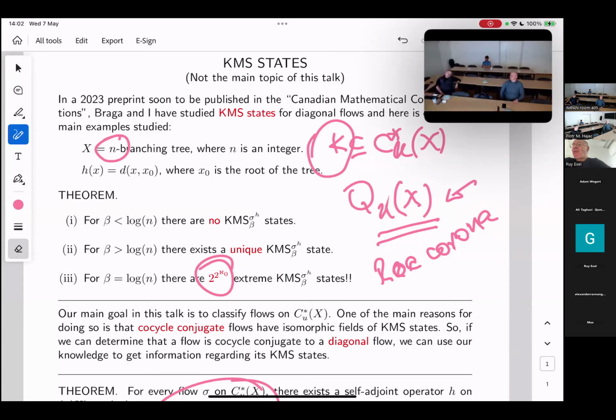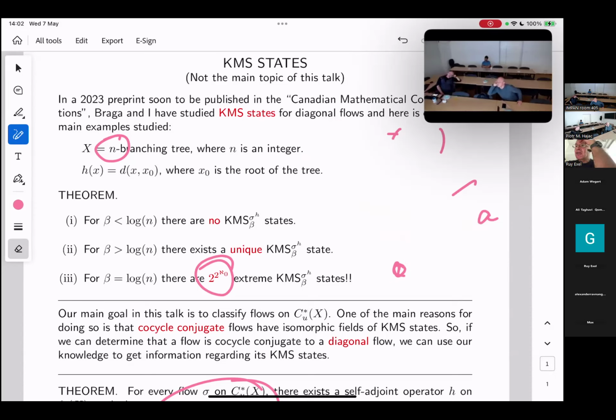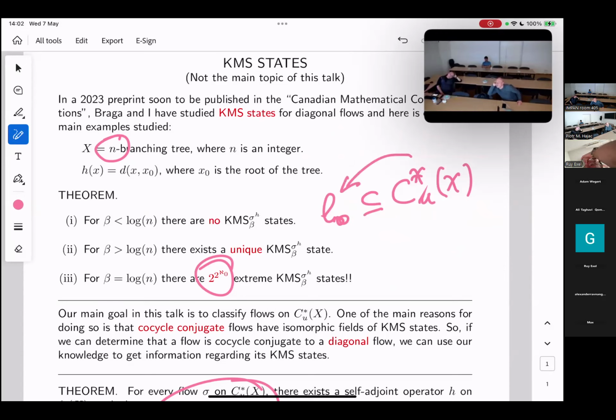Here's another point of view, which is interesting. As I said, the row algebra contains a copy of L infinity. And there exists a conditional expectation from the row algebra to L infinity, which is simply taking an operator and erasing all of the non-diagonal entries.